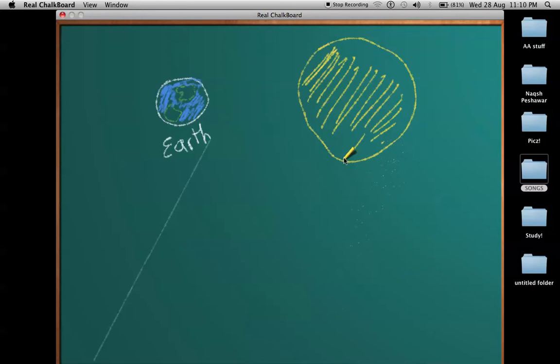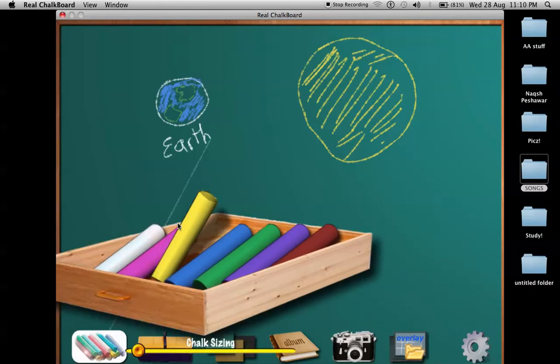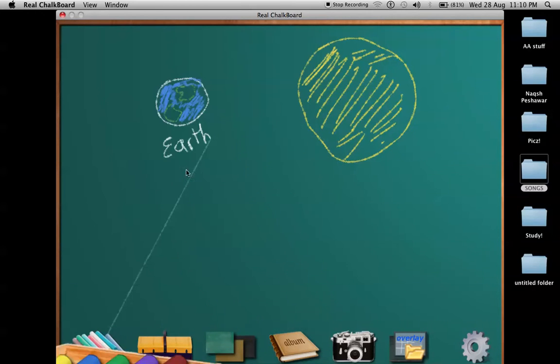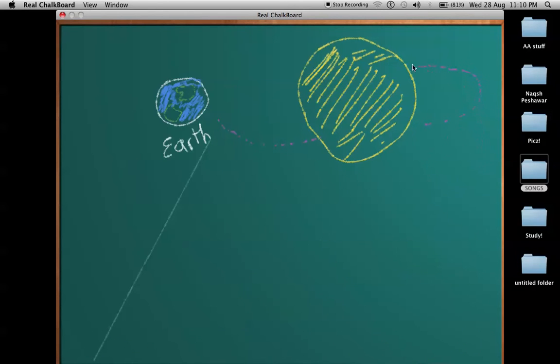Now the path that the Earth would be following would be something like this, around this, and it will come back here. So it will be moving like this, orbiting the Sun, or moving around the Sun.